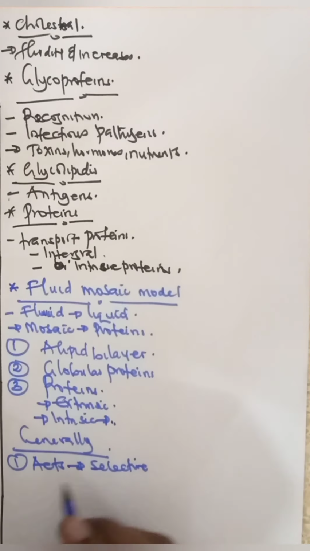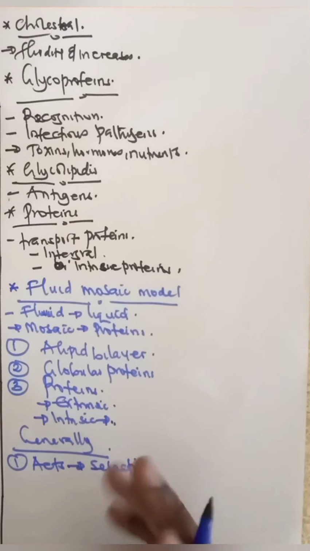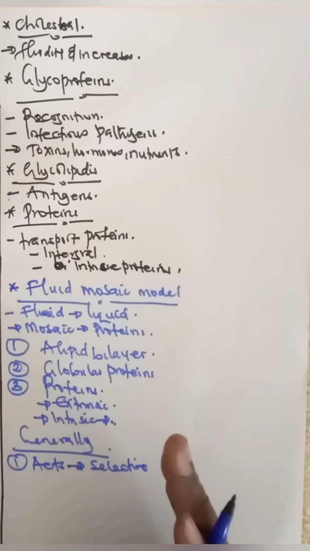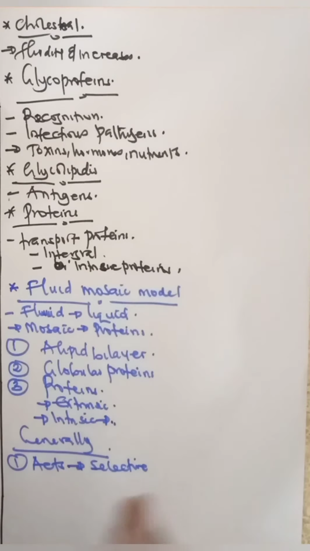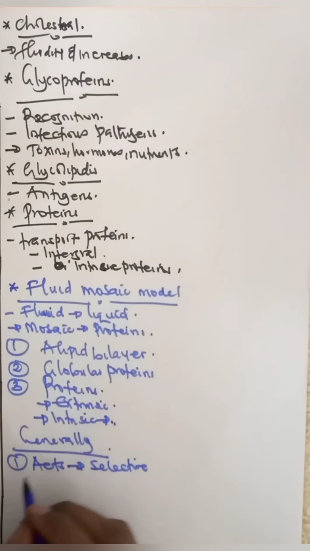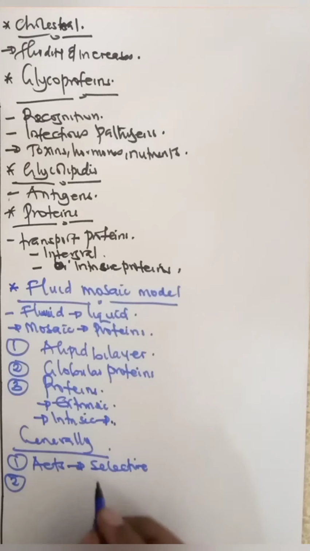So not all molecules must enter the cell, so it is very selective which molecule should pass across the membrane. Number two, according to its structure, it keeps the cell contents together. That's another general function of the cell membrane.